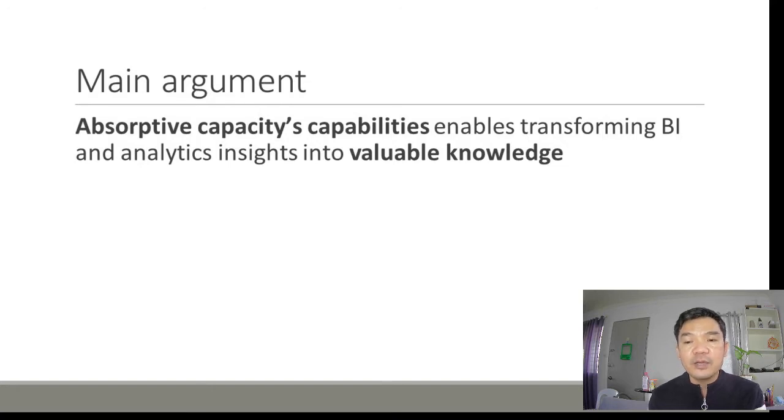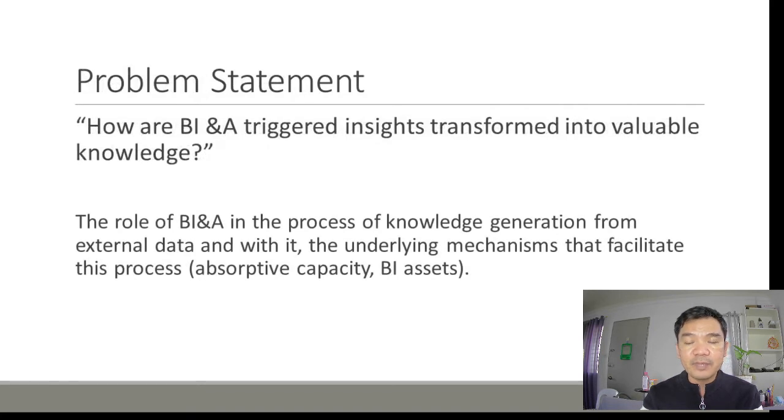We have an assumption that business intelligence will produce analytics insight, but in terms of transforming that into valuable knowledge, it's up for the organization to exploit the capability, which is viewed under absorptive capacity capabilities.